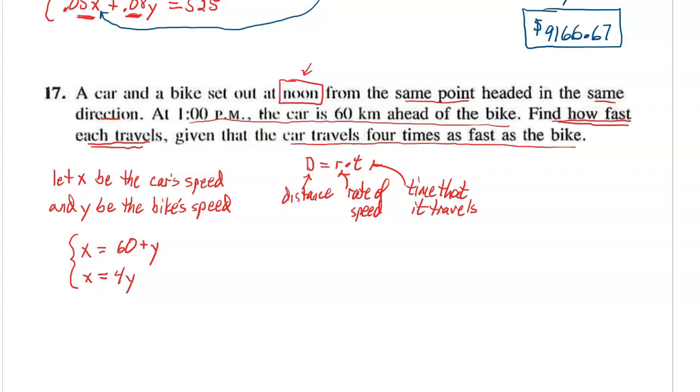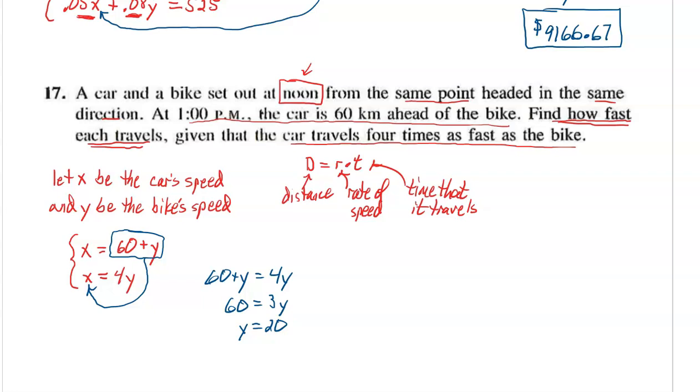In fact, the second equation also has the letter x alone. So we can substitute this expression in place of the letter x, creating 60 plus y is equal to 4y. Subtract y from both sides, get 3y. Now divide by 3 on both sides. Y is equal to 20.